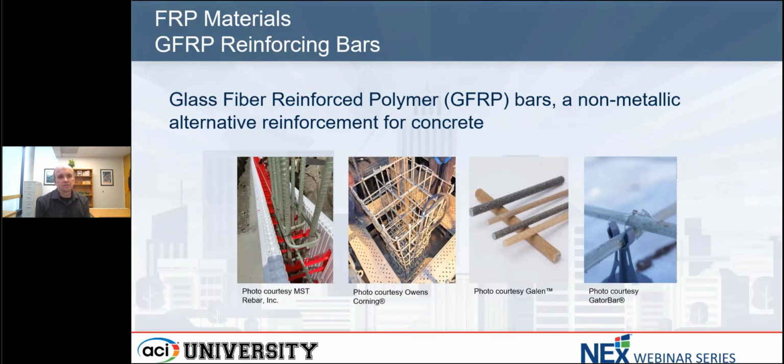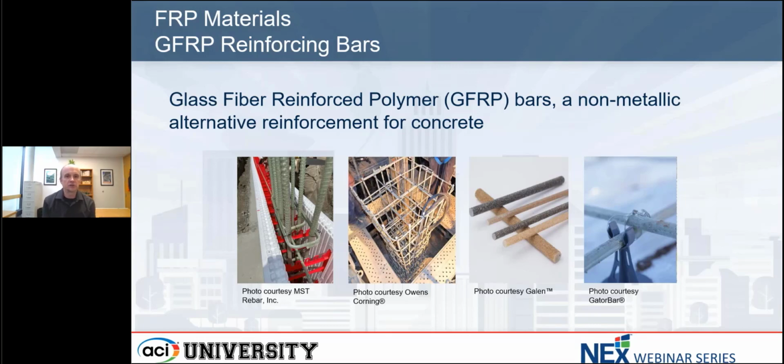When we talk about the use of FRP for concrete, one of the primary uses, again, is in the use of GFRP, or glass fiber reinforced polymers, as an alternative to steel reinforcement in concrete. So you see some of the photos that are there. These photos, the bars themselves, they kind of look and feel similar to steel reinforcement that you might see in concrete structures.